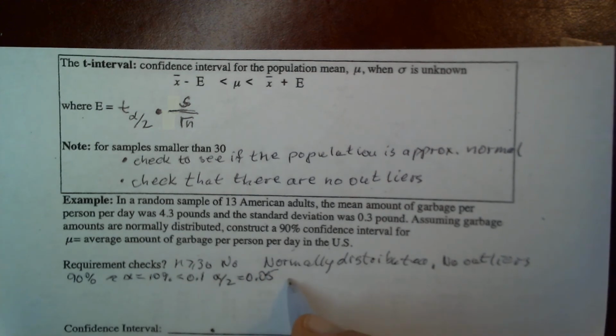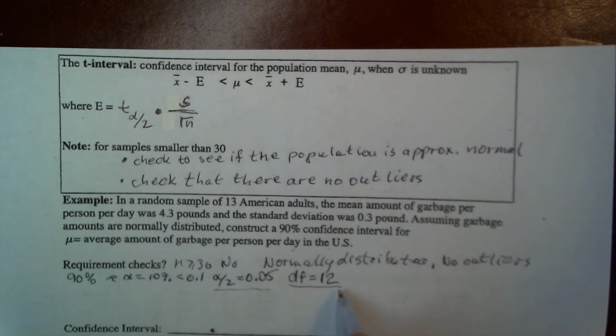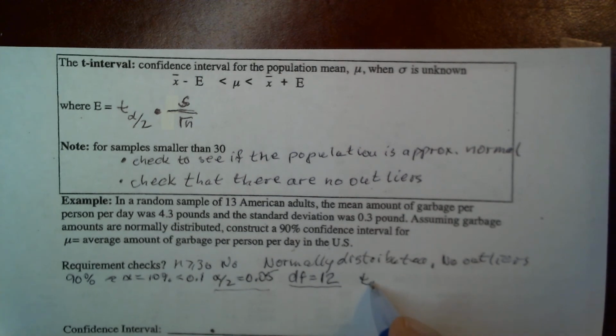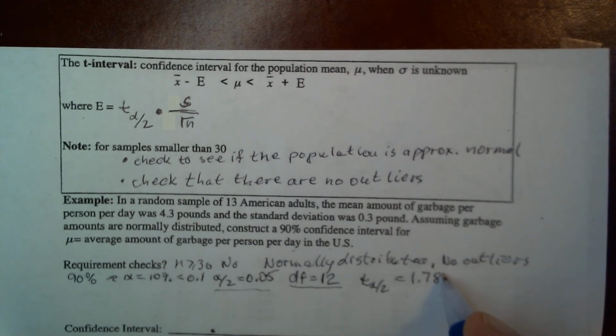And the degrees of freedom is equal to n minus 1, 13 minus 1, or 12. So with this information, whether we use the tables or technology, t sub alpha divided by 2 is equal to 1.782.